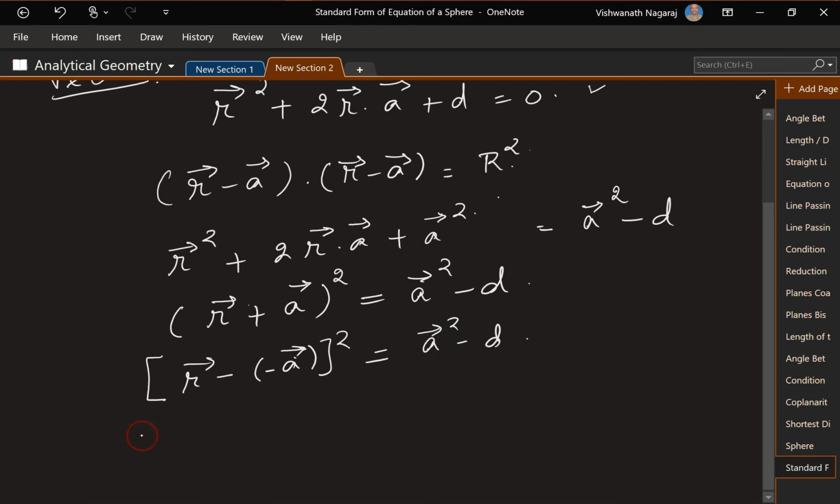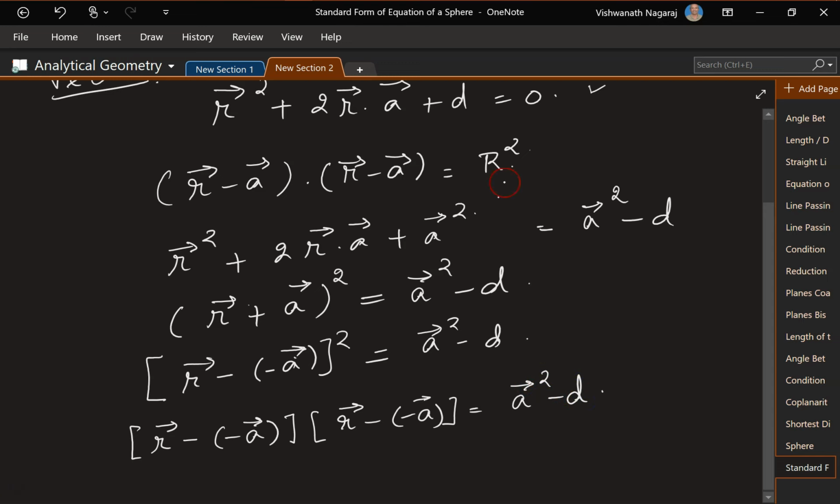Now let's write it like this. On the right hand side it is r square, so we have to convert the whole thing into a square.